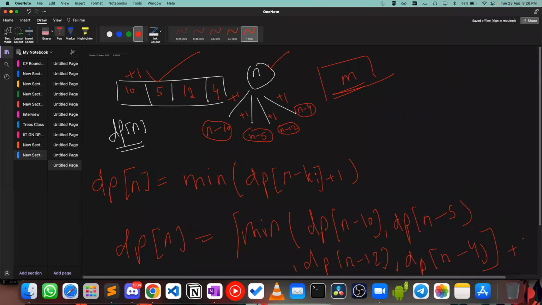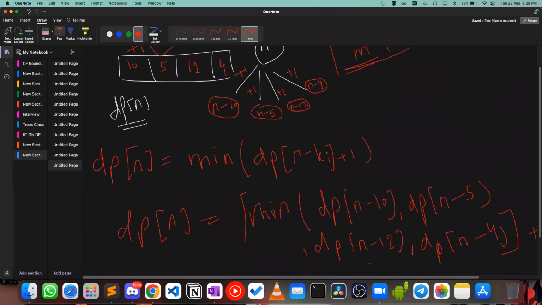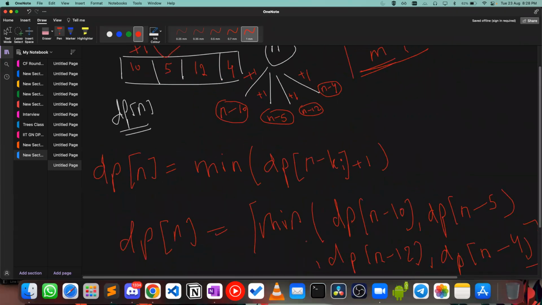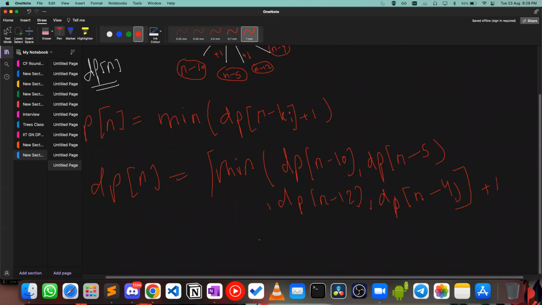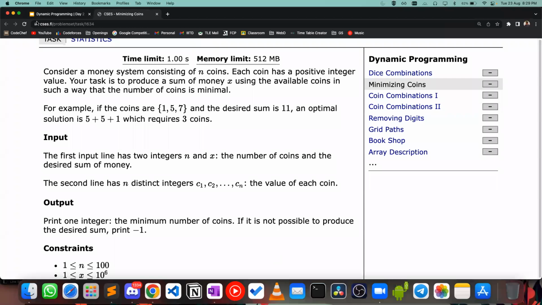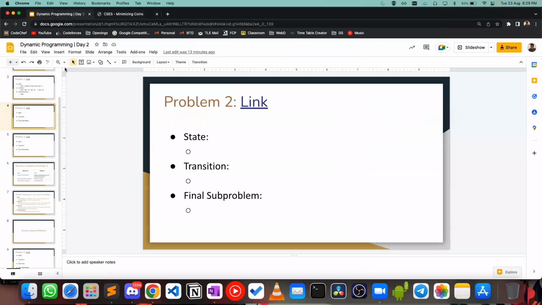You'll do a +1 because you're using one denomination, right? So is this concept clear to all of you? What we've done here, like this transition? The state, the transition. And what is the final subproblem? If I give you that x is the sum that you have to construct, what is the final subproblem? dp of x. Perfect.